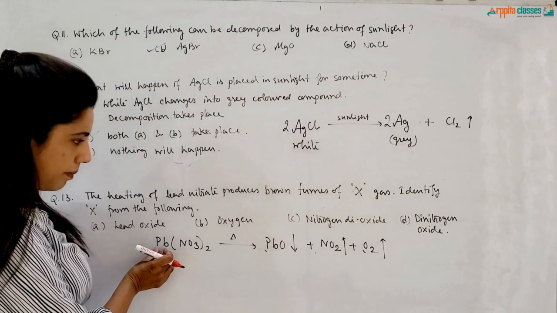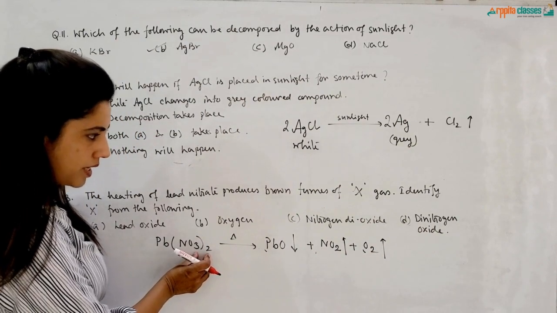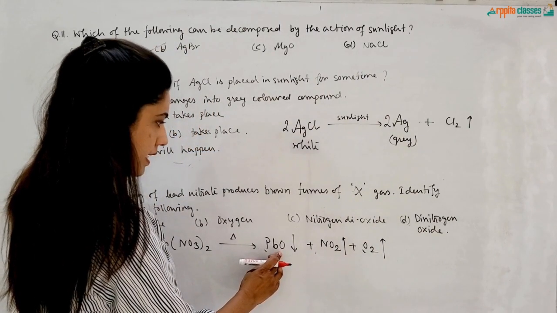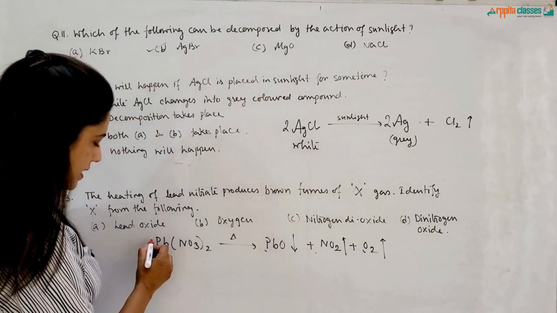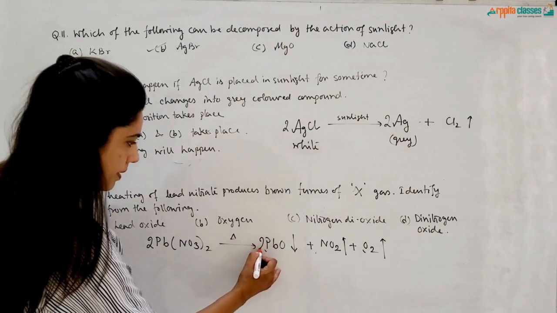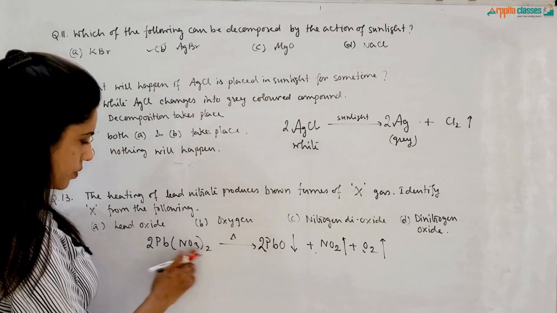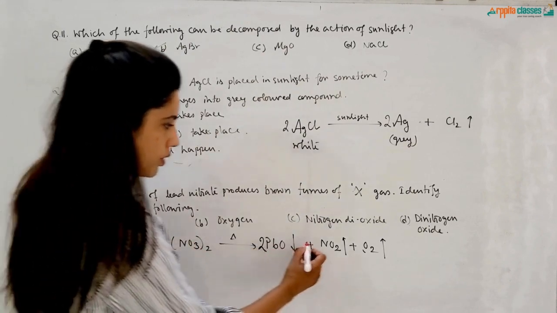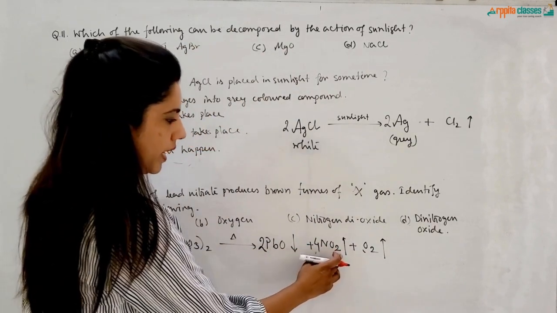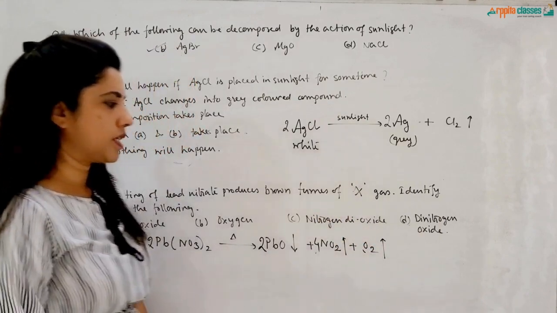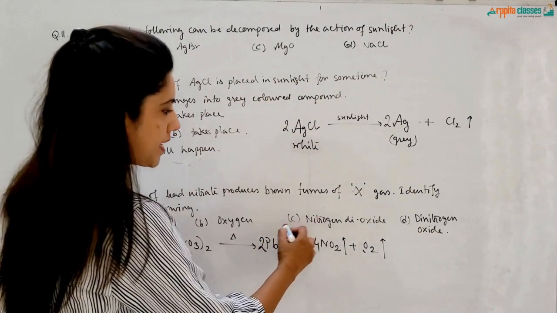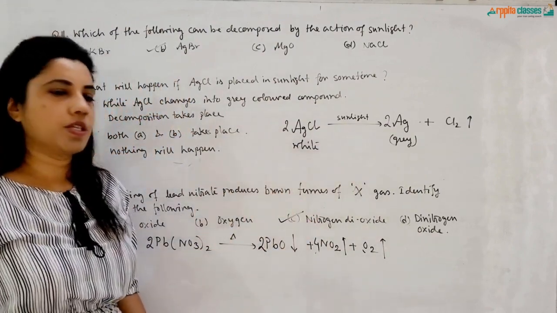Let's see this. Pb is 1, oxygen is 6 on the left, and 2 plus 2, 4 on the right. This should be 6. No, not balanced. So 2 Pb(NO3)2, so this will be 2 PbO. Now oxygen is 12 on the left and nitrogen is 4, so 4 NO2. That gives 4, 8, 9, 10, 11, 12. Yes, now it is balanced. So the answer will be the brown fumes of X gas, and the X gas will be nitrogen dioxide. So this is the right answer.